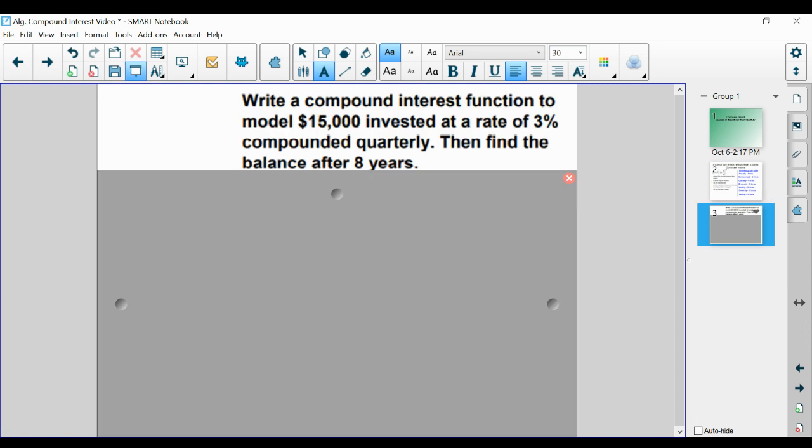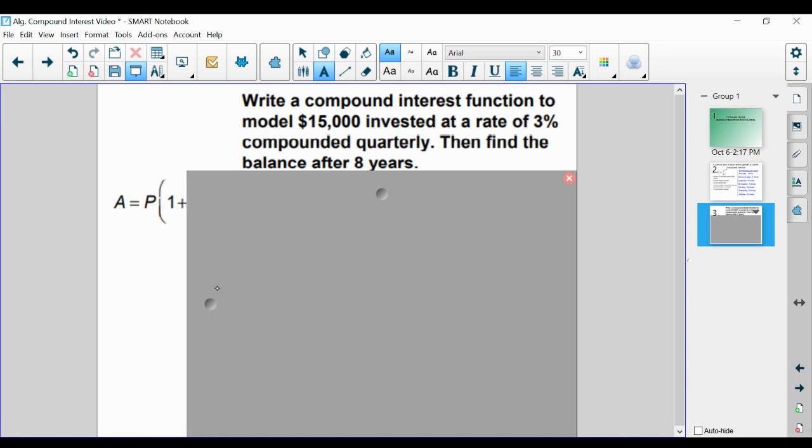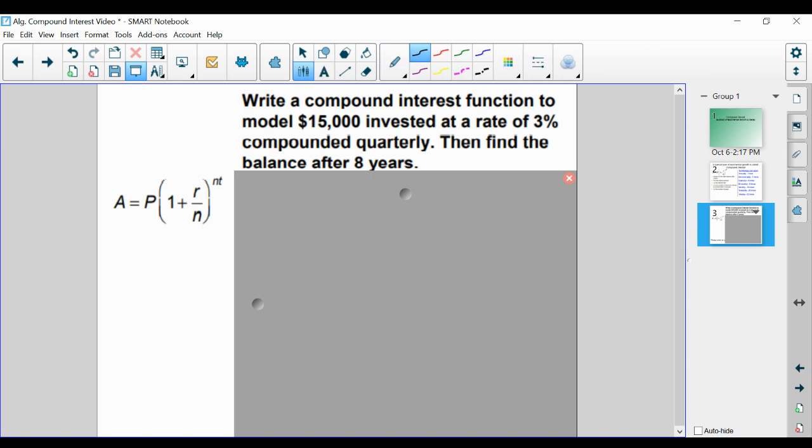The example on your notes says, write a compound interest function to model $15,000 invested at a rate of 3% compounded quarterly. Then find the balance after 8 years. Just a reminder, our compound formula is A equals P times (1 plus r over n), all raised to the n times t power. We need to identify specific values. Our starting amount is 15,000.